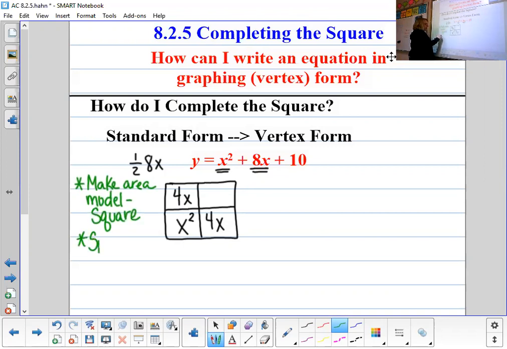And to do that, you have to split your x term in half. So that's what I just did there. I took my x squared and I put it in the bottom left. I split my 8x in half and I put half in each spot.